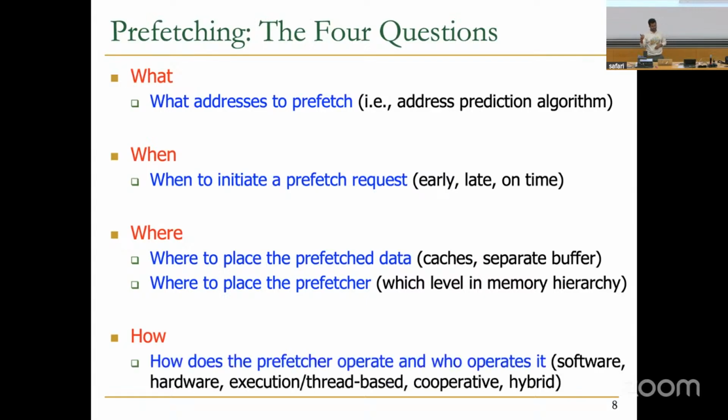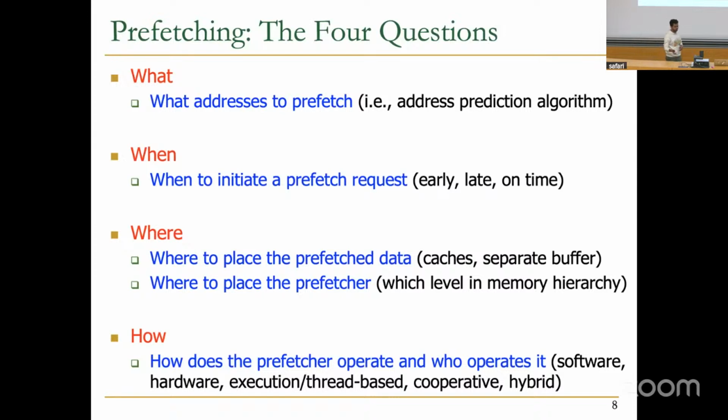And then the how part is essentially asking how exactly the prefetcher operates. That is very much intertwined with the what part also, but how is a bit broader in the sense that, are you generating prefetch requests inside the compiler? Are you as a programmer going to generate them? Is the hardware going to generate them?